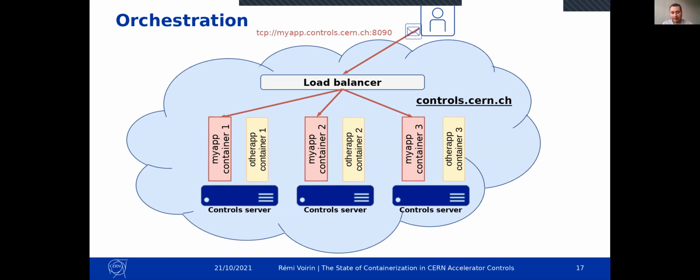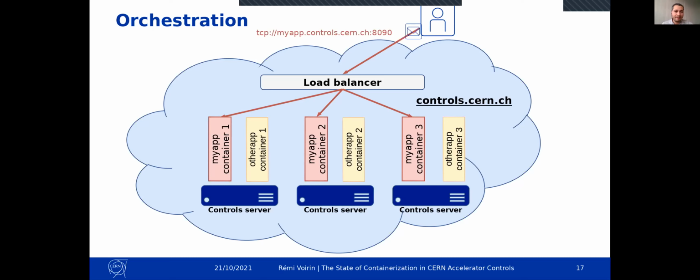So with an orchestrator, you don't abstract a computer, you abstract an entire computing infrastructure. There is the orchestrator that will take care of the scheduling, placing, load balancing, providing an API, and providing also health monitoring for all the containerized deployments.